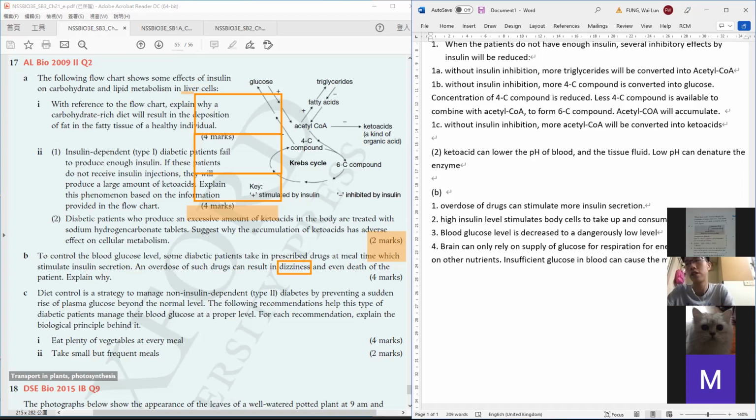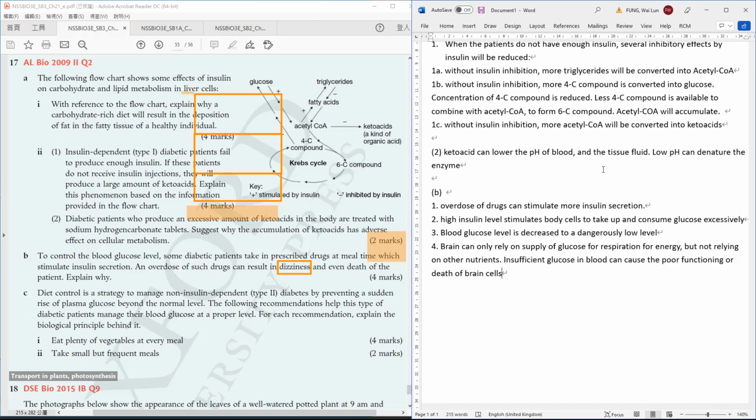That means poor functioning or even death of brain cells. So you see the logic there is very important.